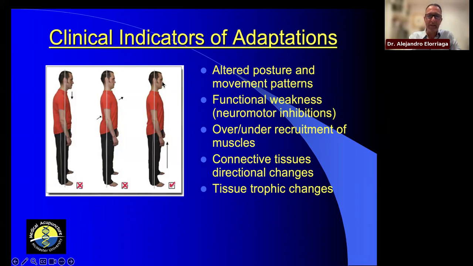And that line ideally will go from the tragus on the ear to the glenohumeral joint to the center of the femoroacetabular joint to the lateral malleolus. So when the body segments are aligned in such a way, the optimization of the compressive strategies to handle the ground reaction force are optimized. Therefore, less energy is consumed.